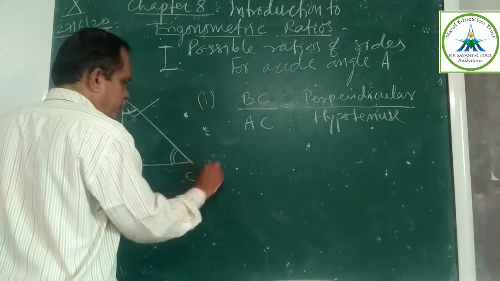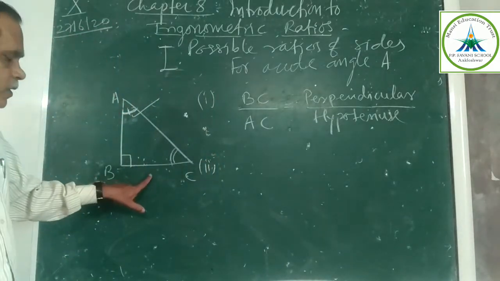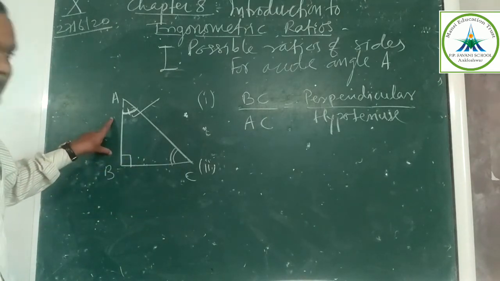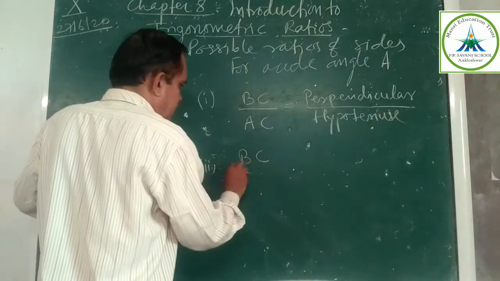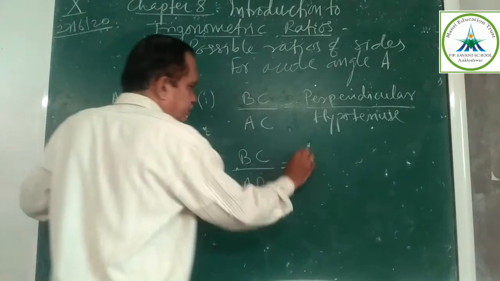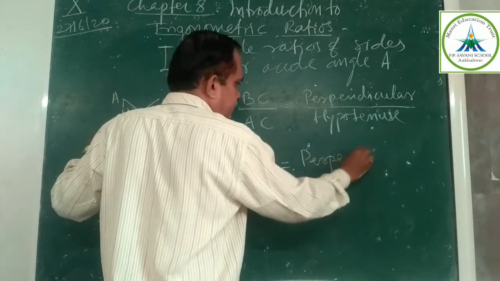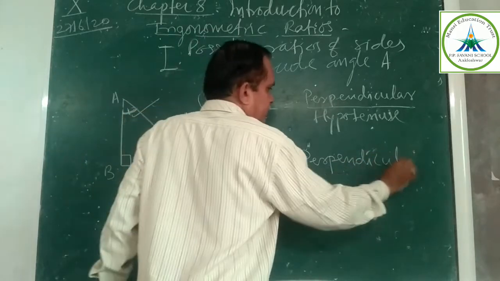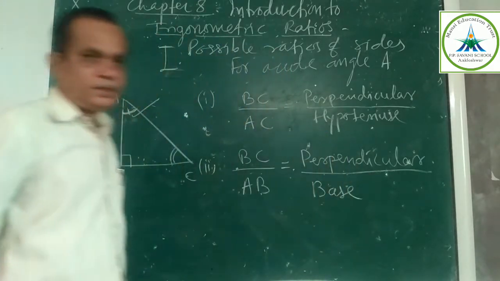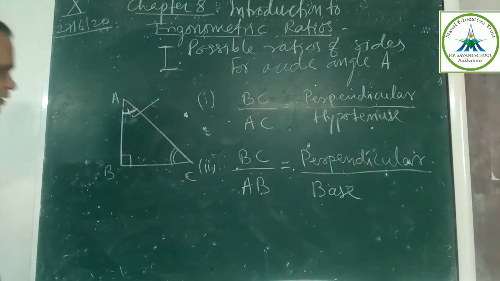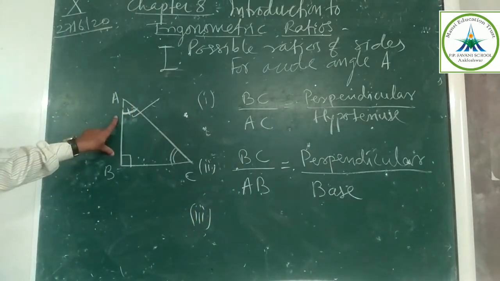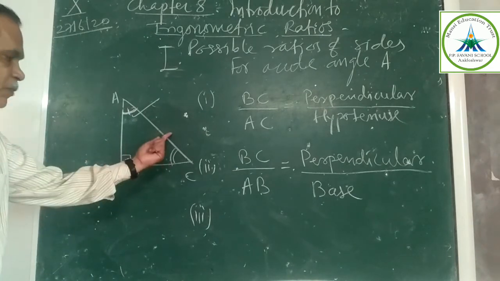Number two, perpendicular upon base, BC upon base. Okay, next, third, base upon hypotenuse.